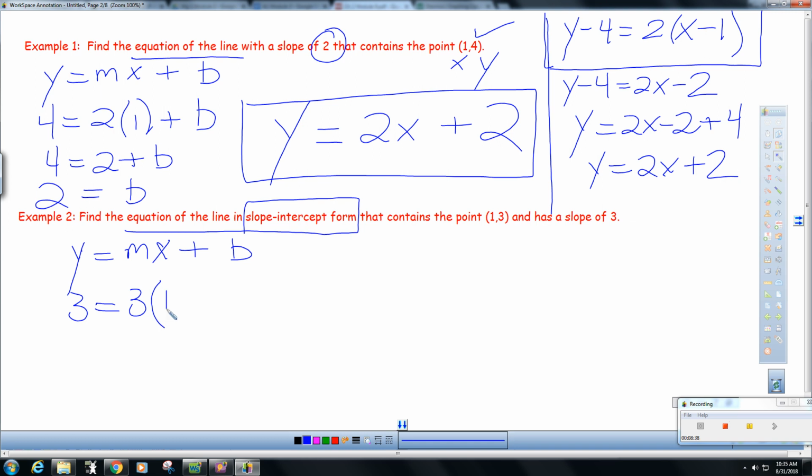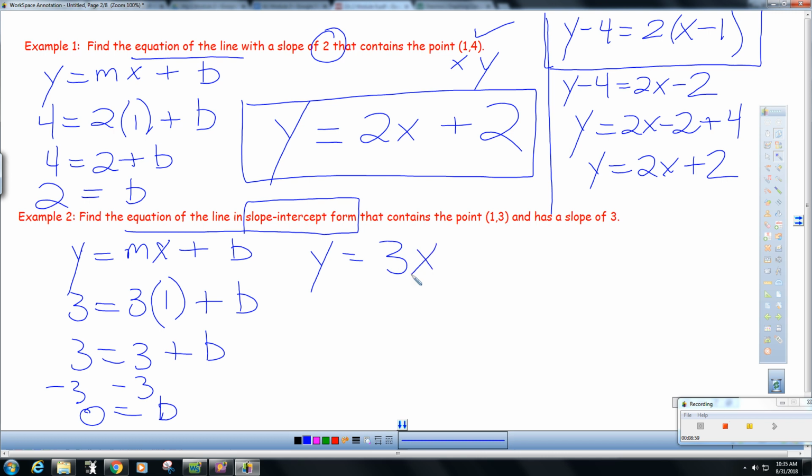Times 1 plus b. 3 equals 3 plus b. We want b, so we need to get rid of the 3. Oh, b is 0. So, slope-intercept form, this is going to be y equals 3x plus 0.